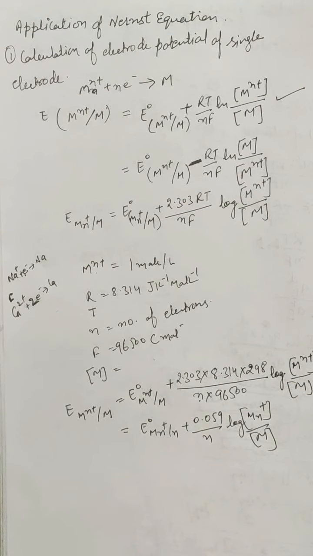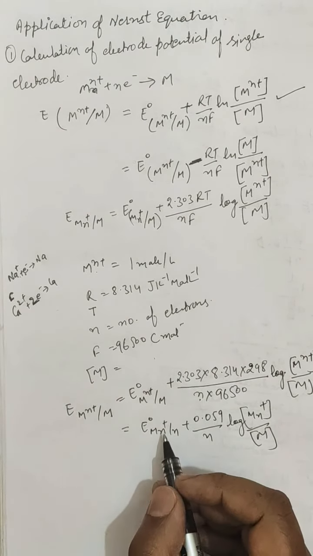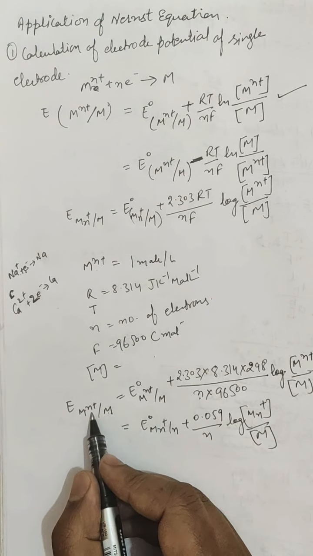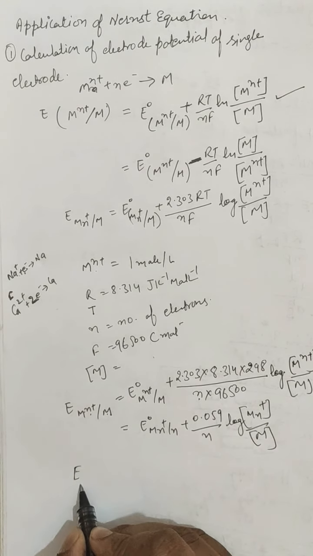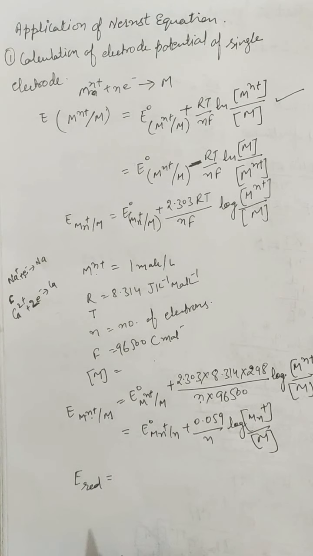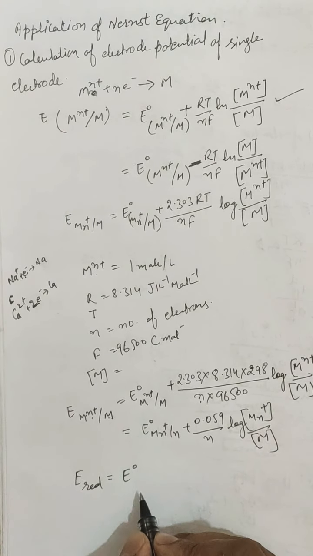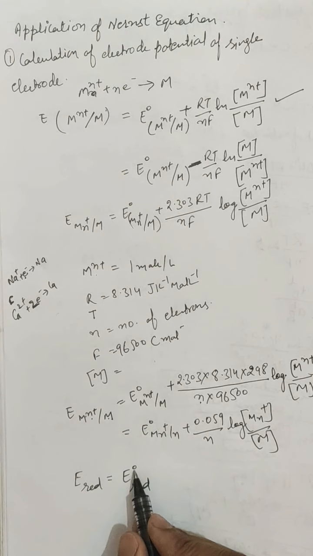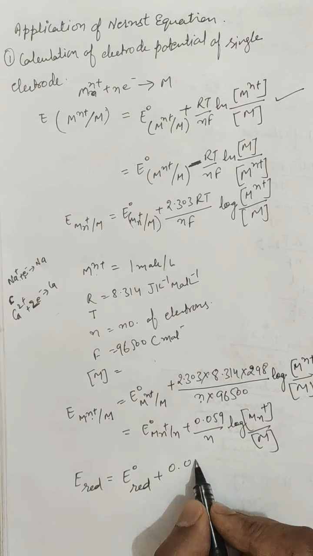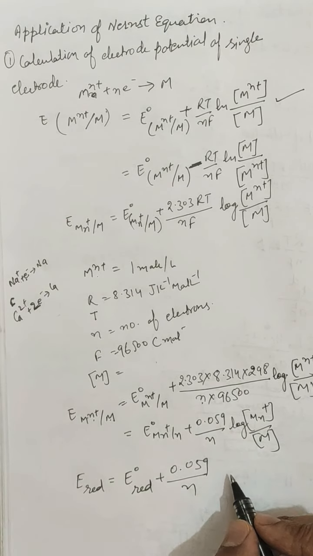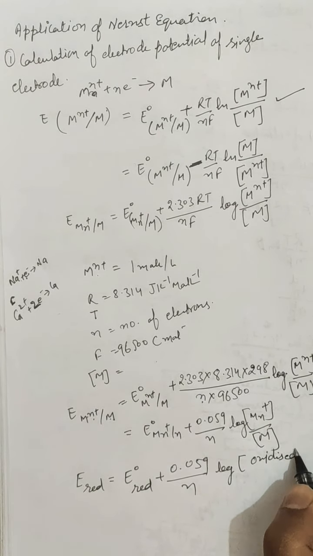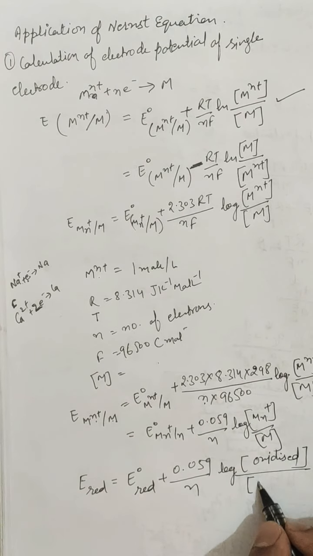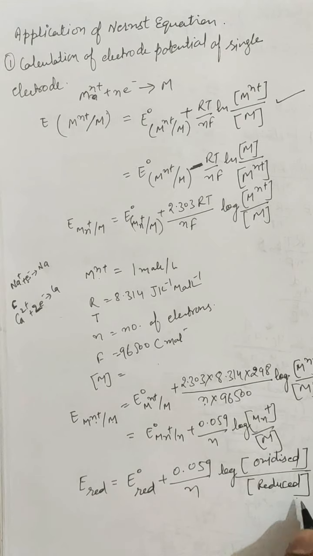So in general, for any electrode, we can write it as a reduction reaction. The electrode potential for reduction of a particular electrode is equal to the standard electrode reduction potential of that electrode, E naught, plus 0.059 by n into log of the concentration of the oxidized state and the concentration of the reduced state.